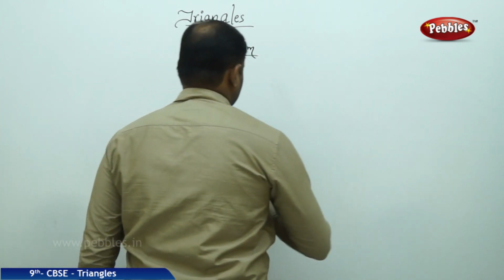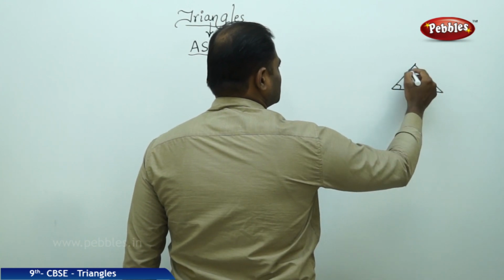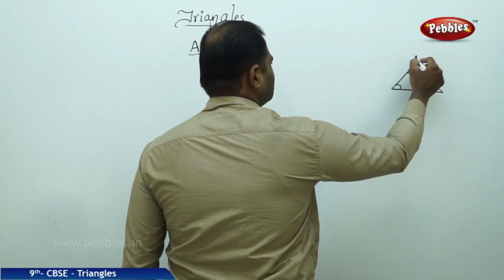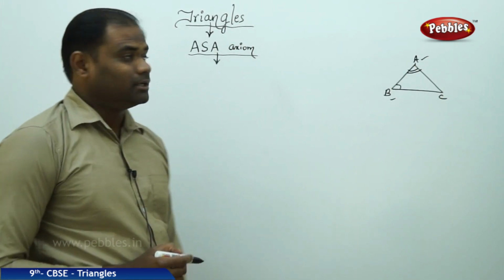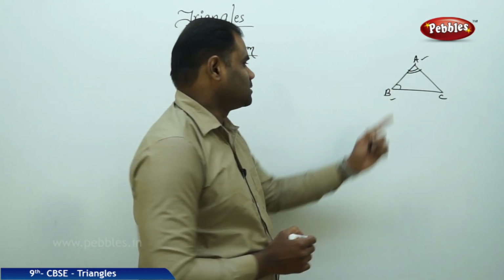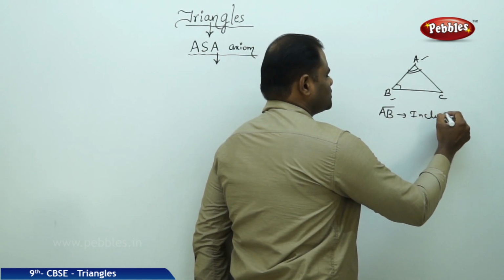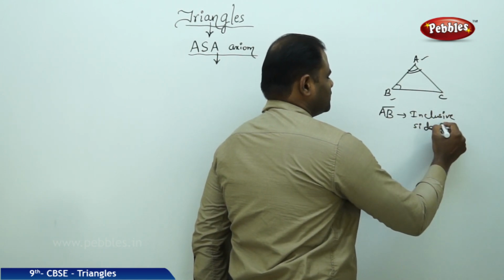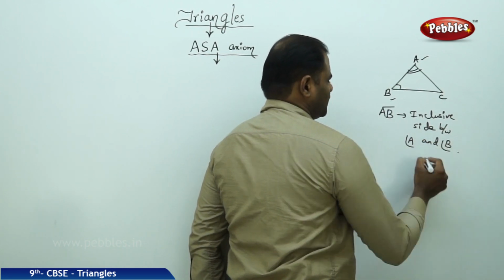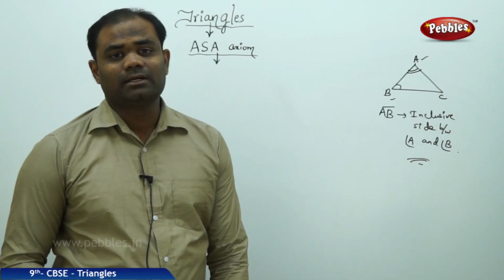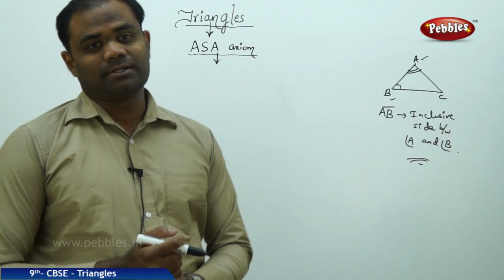Say for example, I have a triangle ABC where these two angles are given, angle A and angle B, then the inclusive side between the angles is AB, is the inclusive side between angle A and angle B, is how I understand the inclusive side connected with ASA axiom.